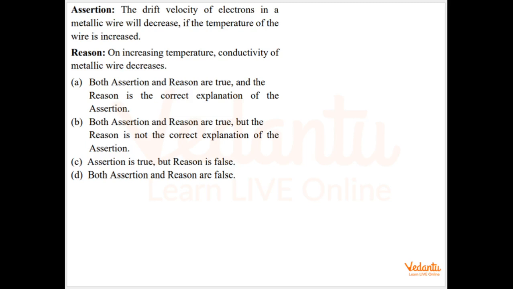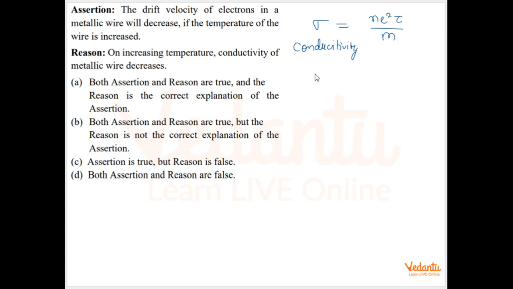So you have to remember that the conductivity of a wire is given by the formula N e square tau by m. Here, n is number of electrons per unit volume, e is charge of electron, tau is relaxation time, and m is mass of electron.